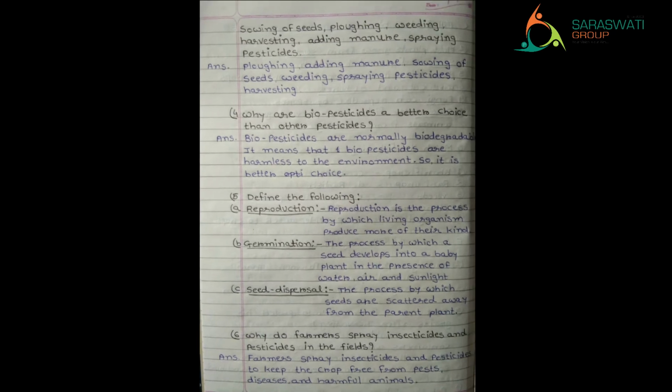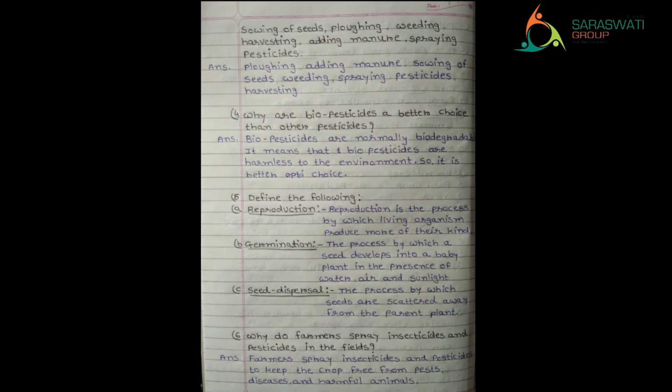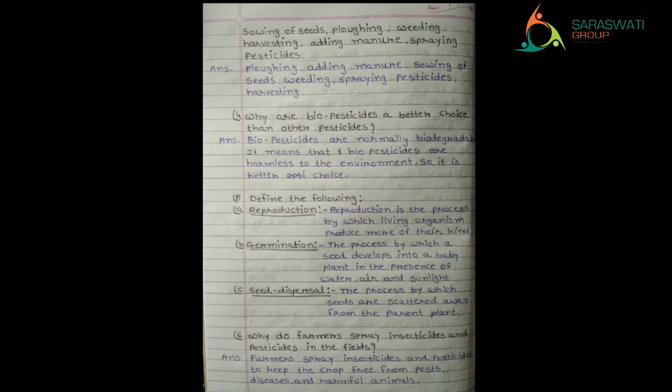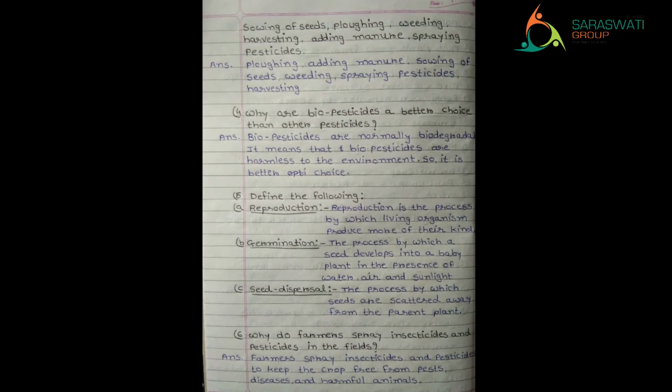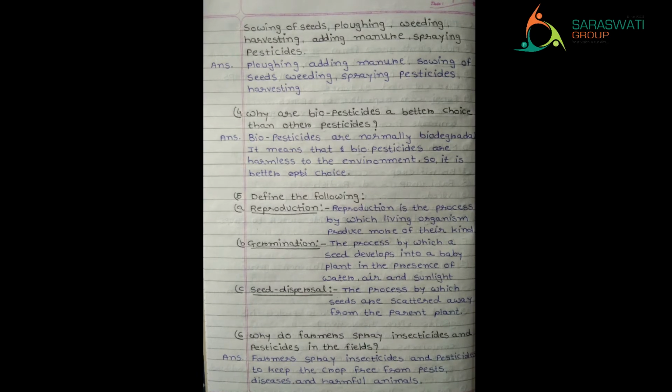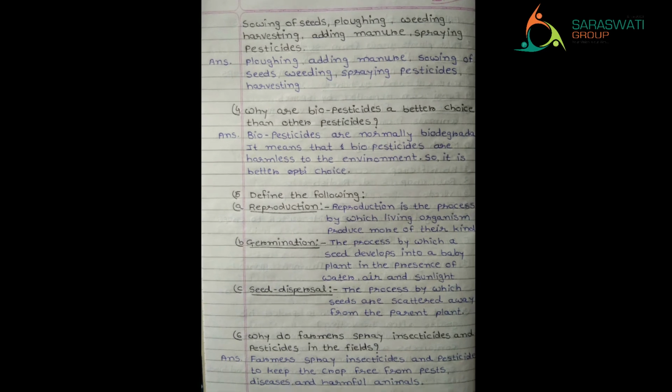The sequence is sowing of seeds, plowing, weeding, harvesting, adding manure, spraying pesticides, right? So all these are given but the sequence is wrong. So what is the correct sequence?